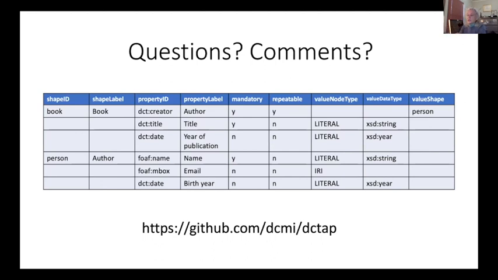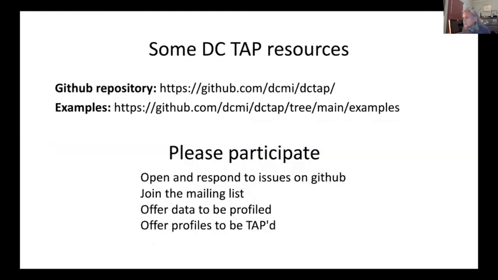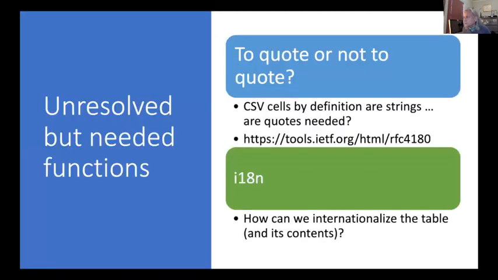In other words, could you have an or there? And again, that's where we have our problem with multiple values in a cell. So that's something that we're aware of, that we need to do. And there is a, let me see if I can go back and find it.